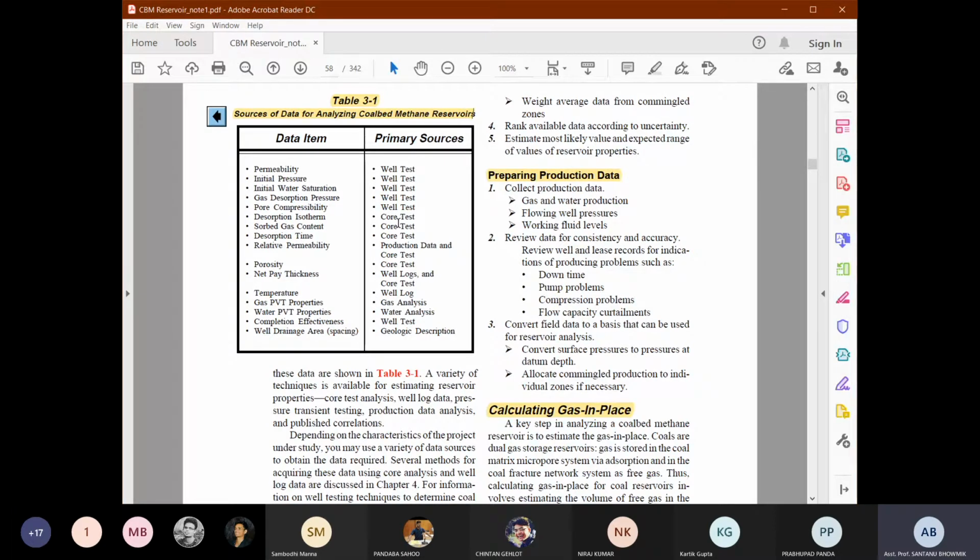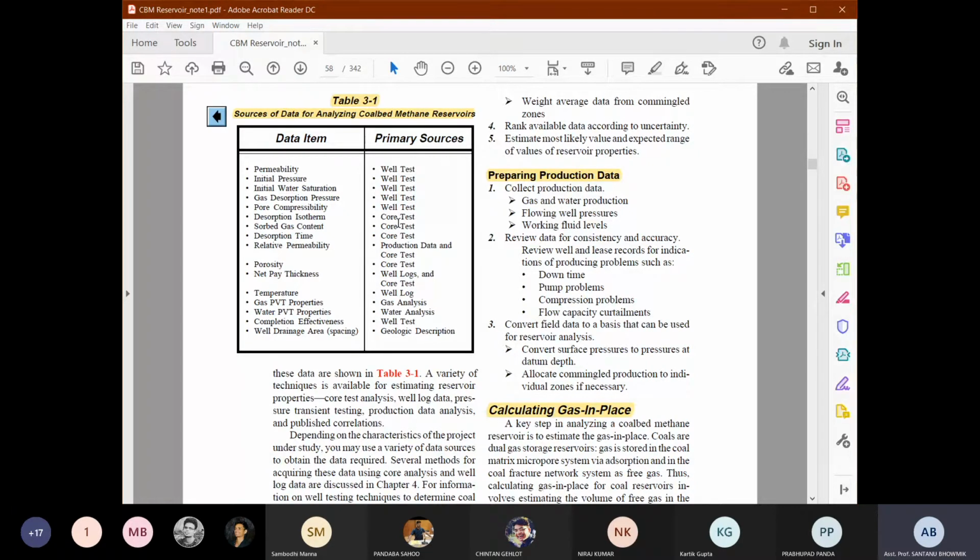Based on that, the relative permeability will be dictated, and then the gas production will be dictated. So it should be taken from the core test and the production data. Production data means with time with the reservoir, because the relative permeability is related to the production data. So you have to see the production data and the core testing.